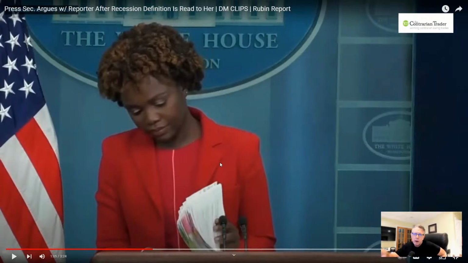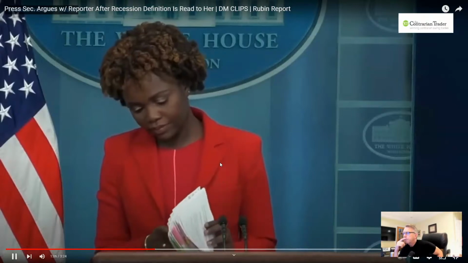Brian Deep said in 2008, of course, economists have a technical definition, which he's quoting Clinton's lead economist. So this is a Democratic president's economic advisor defining what a recession is, which is 2 consecutive quarters of negative growth. I can tell you this. He said 2 negative quarters of GDP growth is not the technical definition of a recession.